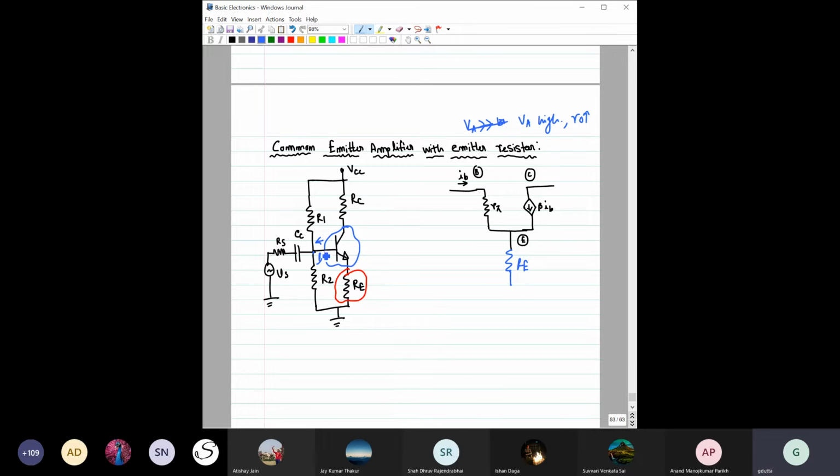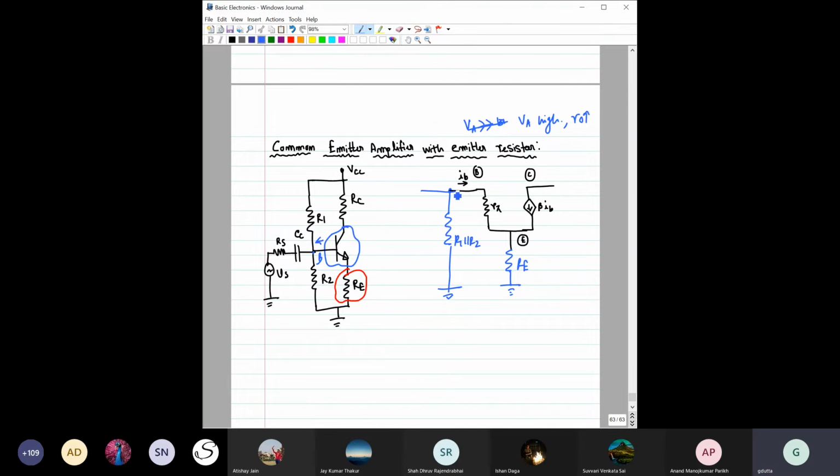One terminal is connected with the base terminal, the other terminal would be grounded, right, as earlier. And the emitter terminal after RE is also grounded. This is R1 parallel R2. This is also grounded. Then we are doing the AC analysis.